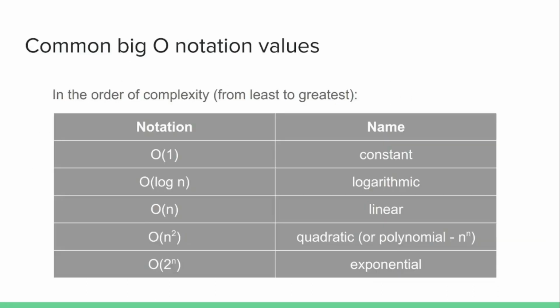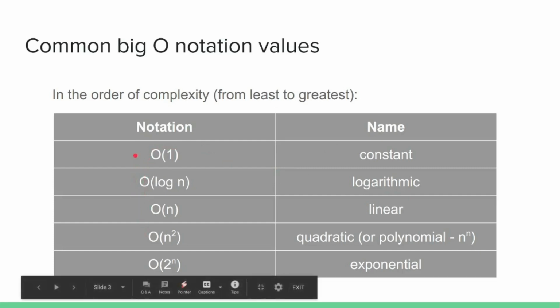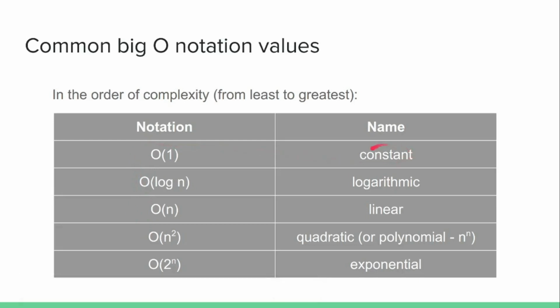But before we do, let's consider some notation and some vocabulary. What we have in this chart are some common Big O notations, and we'll talk about the first four in this lesson. And then we've got the vocabulary, the term that we use to describe this notation.